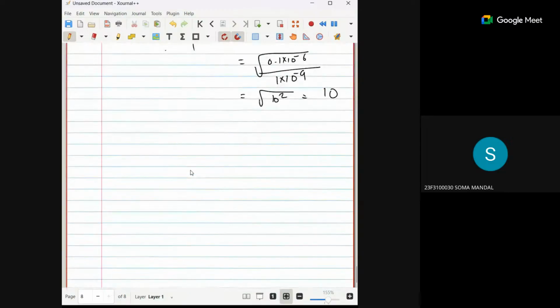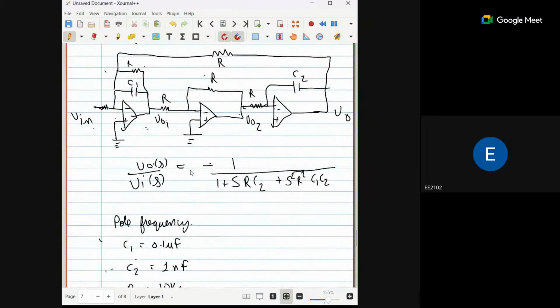And can you tell the formula for V naught 2 upon V naught 1? Sorry, the ratio between Vi and V naught 2.